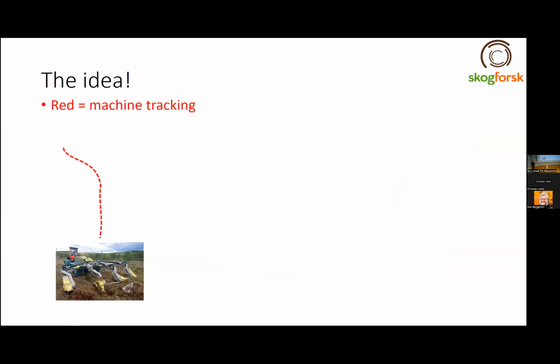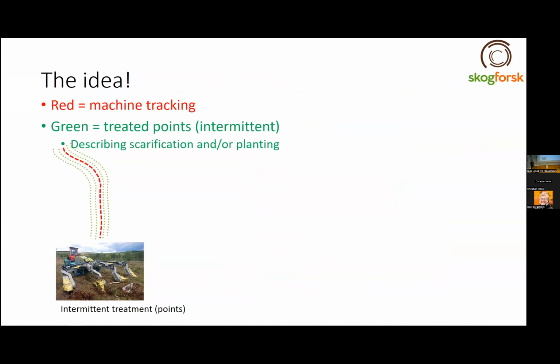If we look at the data, I'm not showing you any XML data at all, just a broad outline of what data we include. The idea is to always have the possibility to include the machine movement, and on top of it, we describe the actual work that has been done.